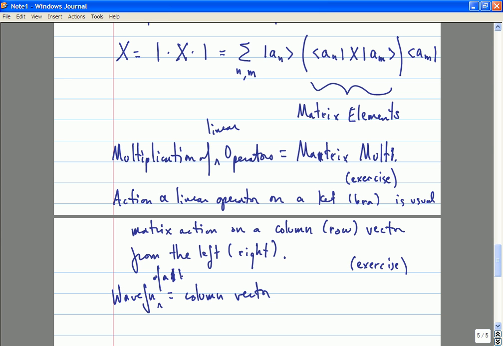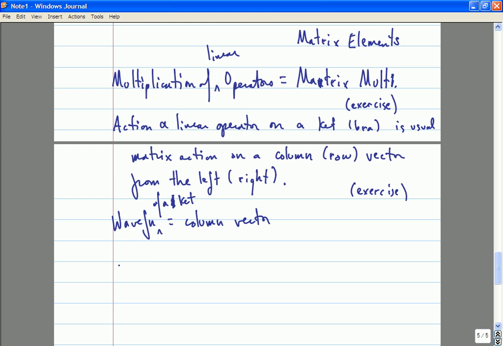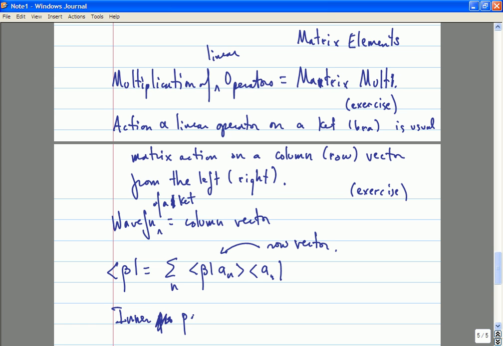And likewise, if we were to expand some bra in the A basis, say the state beta, so that would be the sum over n, beta an, then the wave function of a bra vector would likewise be viewed as a row vector rather than a column vector. And of course, the inner product in this case is the usual dot product.